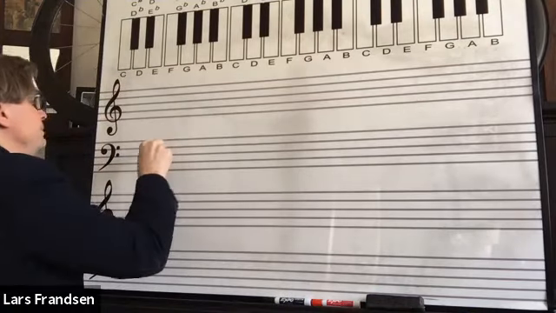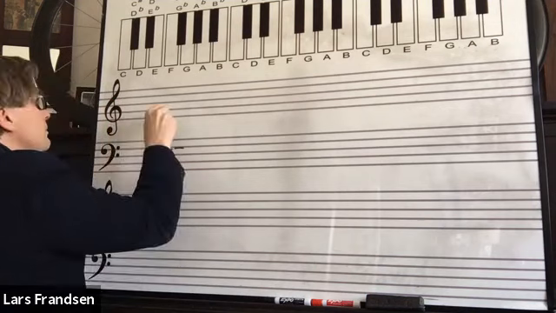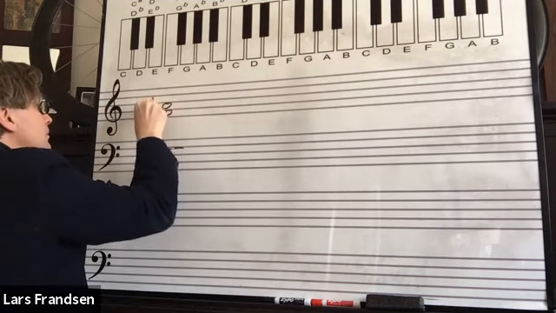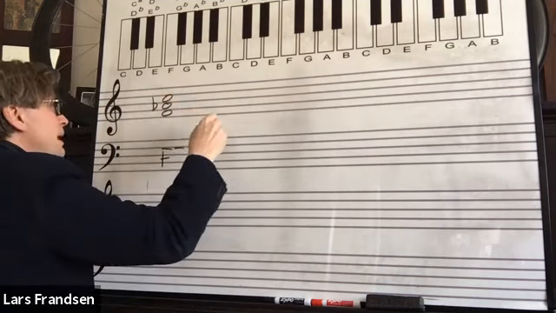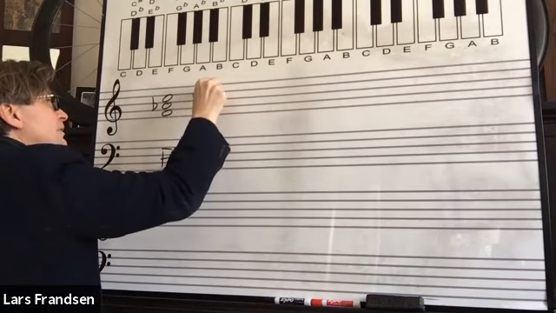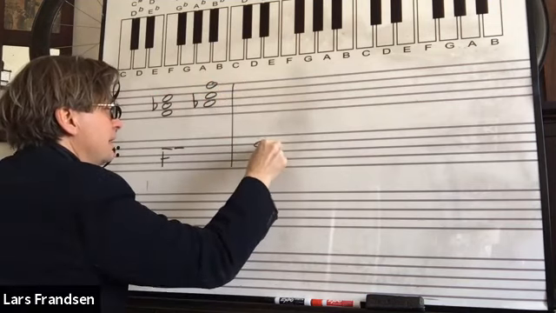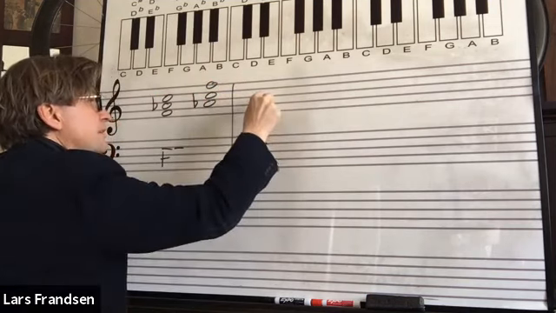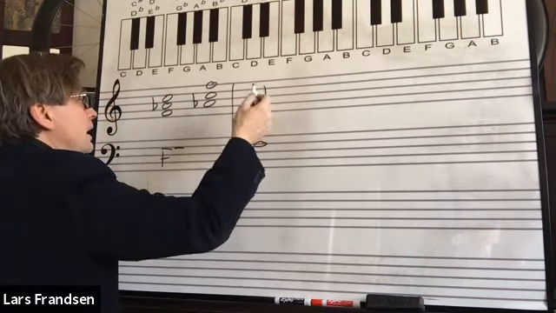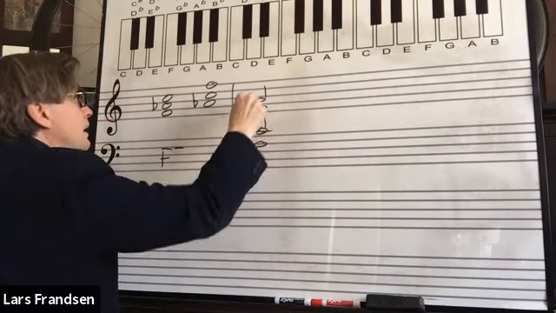F minor. That's like my F minor triad. In first inversion, it looks like this. And in four parts, it looks something like this. F, A. I'm just going to double the F here and put the C in there.